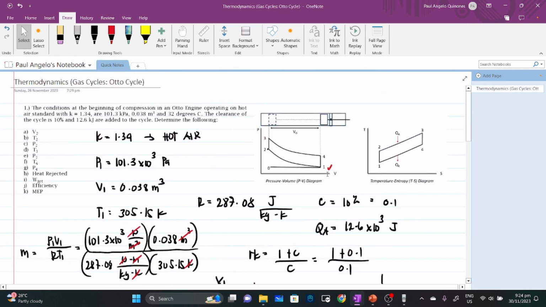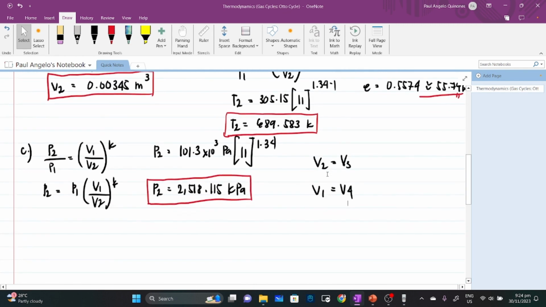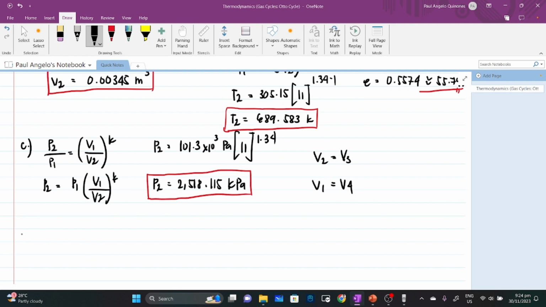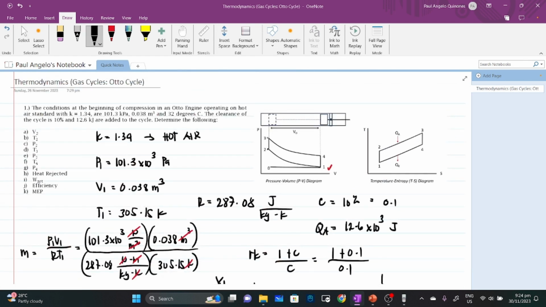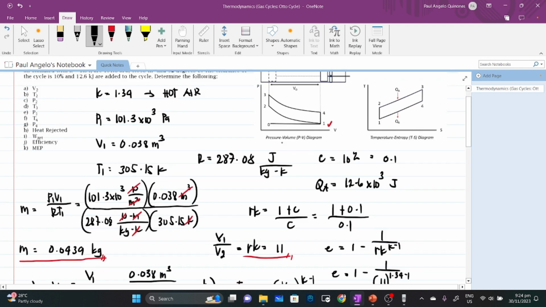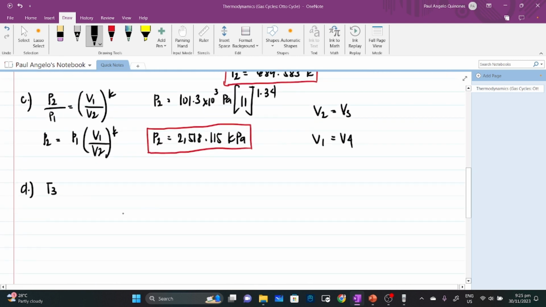We can proceed with T3. So that is letter D. For letter D, we are asked to solve for T sub 3. Since we are relating point 3 and point 2, actually you can use P2 V2 over T2 is equal to P3 V3 over T3.